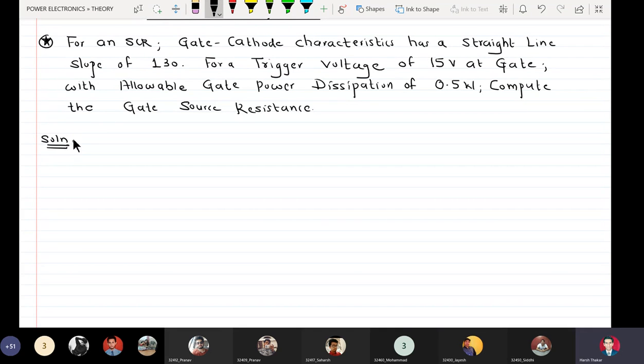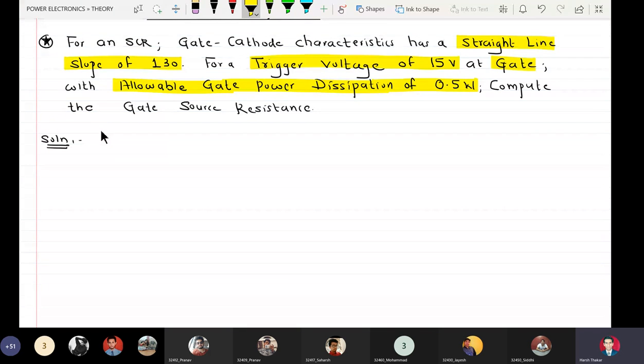Now, let us highlight the important values which are given here. First is straight line slope of 130. Second is given trigger voltage of 15 volts at gate, and third is the allowable gate power dissipation of 0.5 watt. Let us now put them in proper terms.